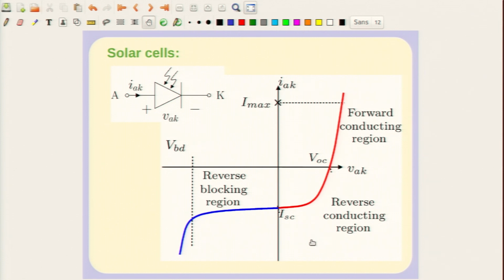So, you can have negative current and a forward voltage, negative current when you take the reference direction as shown here. In this quadrant the diode is in a way actually generating power, so this is used in solar cells.